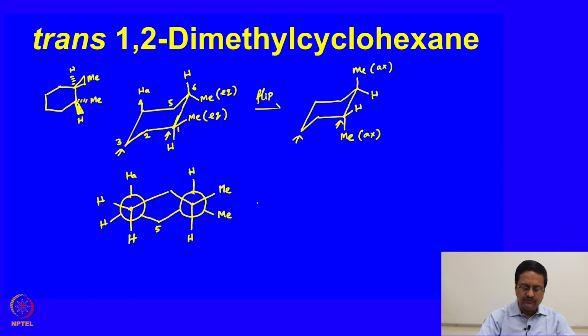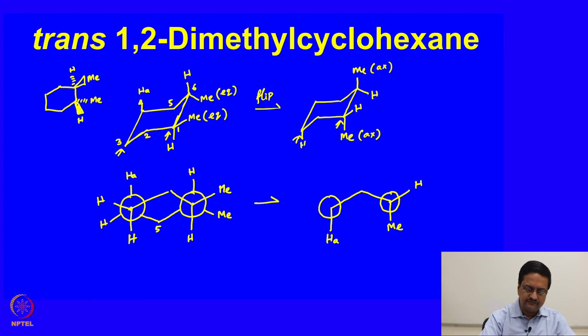And then if you try to flip, what we would get on the front carbon, the methyl is down, the hydrogen is up. It connects through carbon number 2 to 3 like this, and this hydrogen is axial, which is here. This hydrogen is the equatorial hydrogen, which is upward.